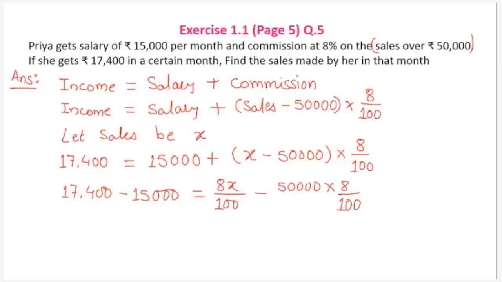Now this 4,000 will shift on the other side and will become plus. So 2,400 plus 4,000 will become 6,400. 6,400 is equal to 8x upon 100. 100 goes on that side and that 8, so it will be now 64.